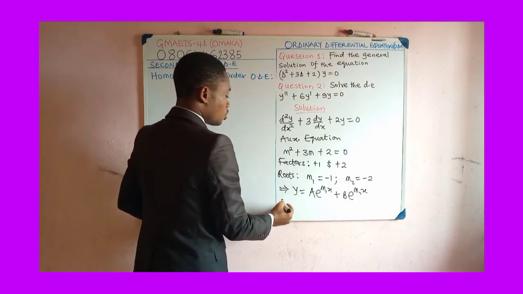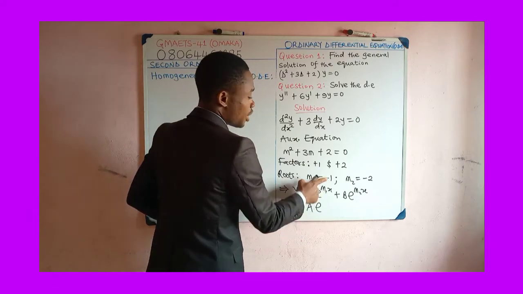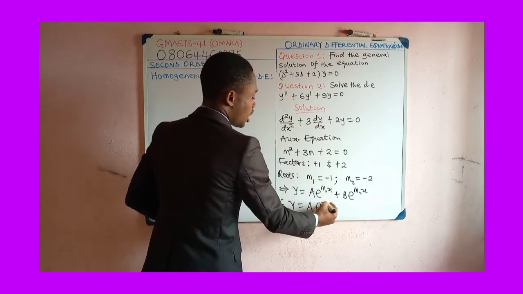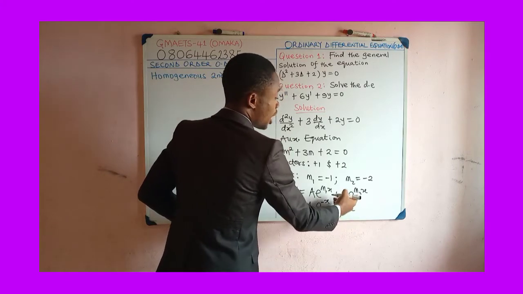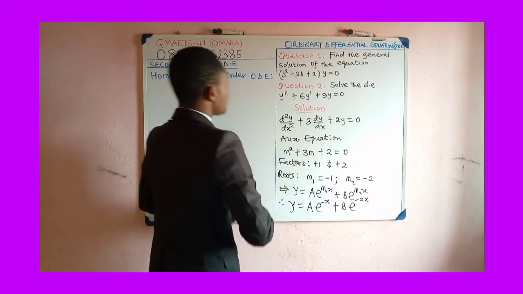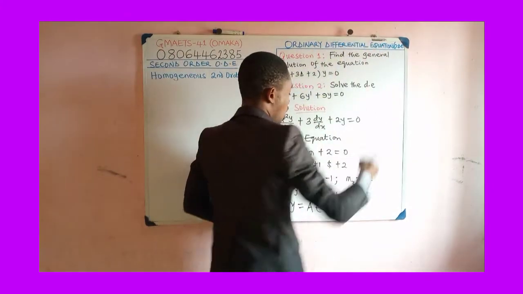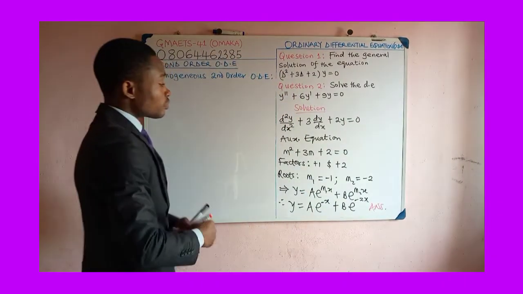Of course, if you substitute, our general solution will now be a exponential, m1 is minus 1, minus 1 times x will give us minus x, and then plus b exponential, m2 is minus 2, minus 2 times x will give us minus 2x. And of course, we have obtained our solution. So I'll write my answer.